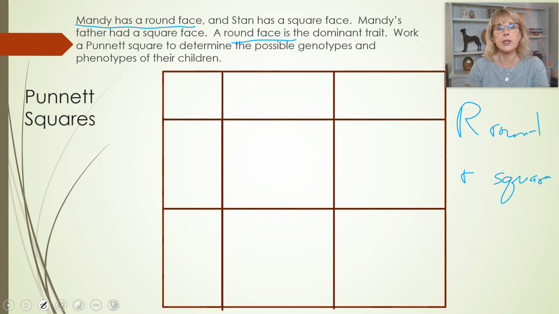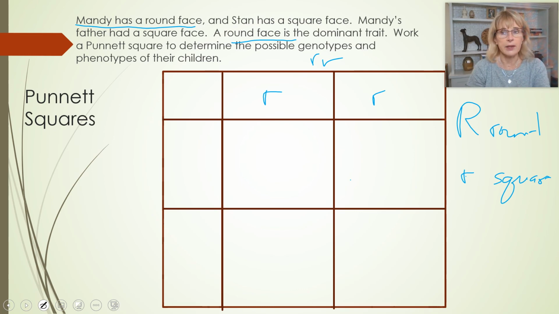And since that's the recessive trait, that means Stan is lowercase r. So when he makes sperm, half of his sperm will get a lowercase r, and so will the other half. Yes, because he has got the recessive trait, so he is only carrying the recessive allele, which in this example is evidently square. Right?